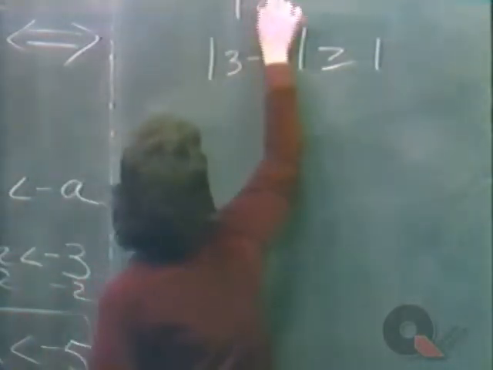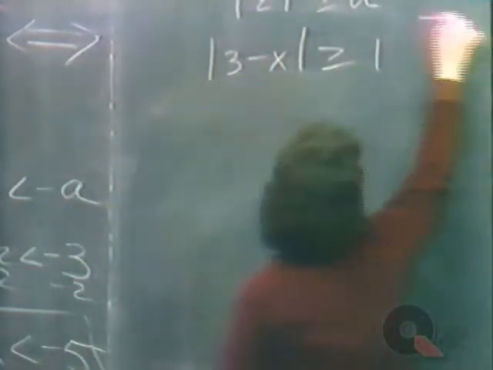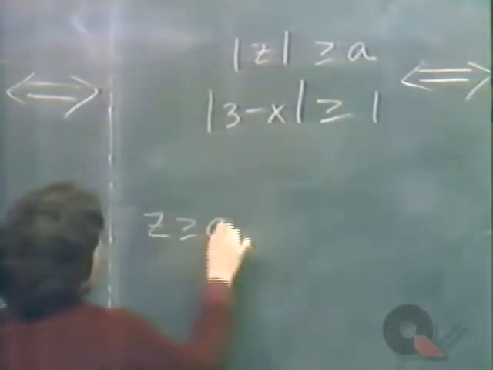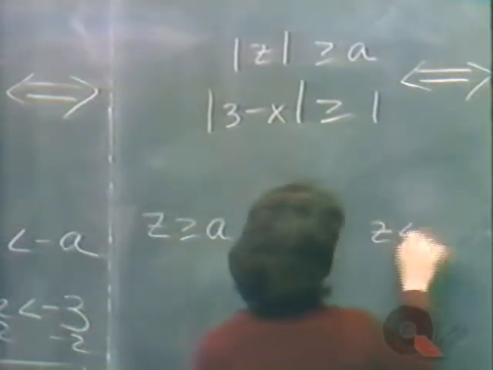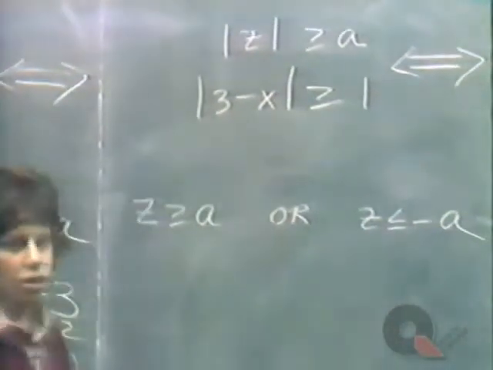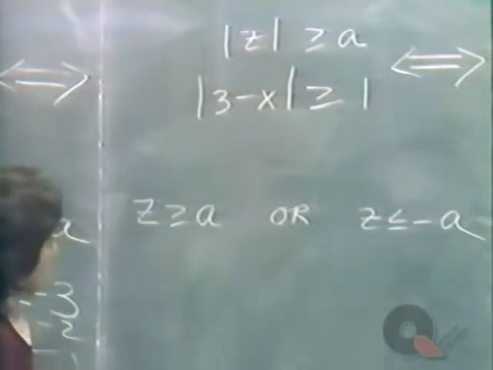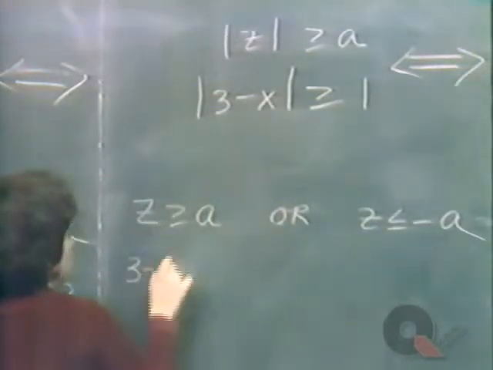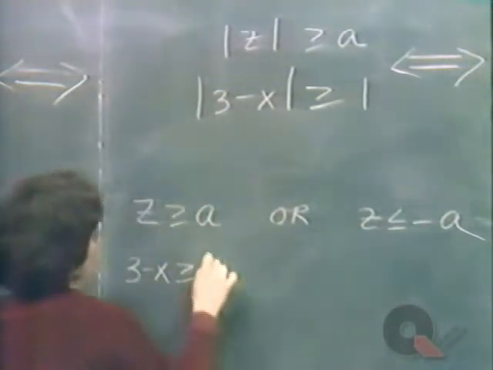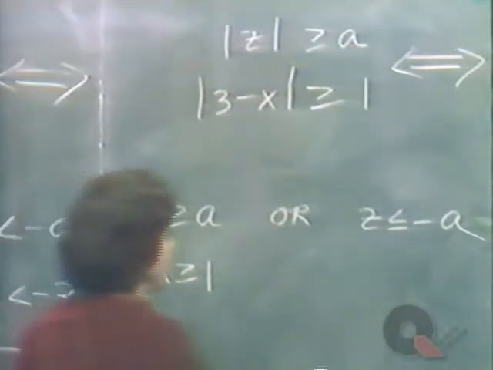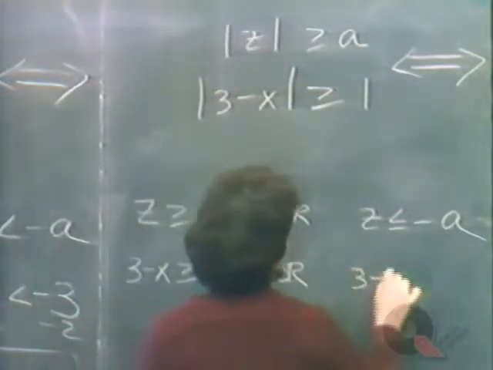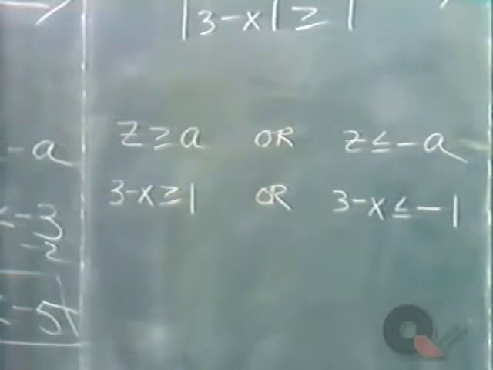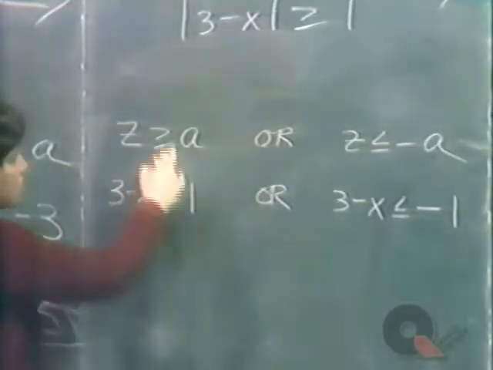Okay, this is the absolute value z greater than or equal to a, replaced by z greater than or equal to a or z less than or equal to minus a. The distance is to be greater than or equal to 1. So the number 3 minus x is going to lie to the right of 1 or to the left of minus 1. Z is 3 minus x in this case, and a is 1.